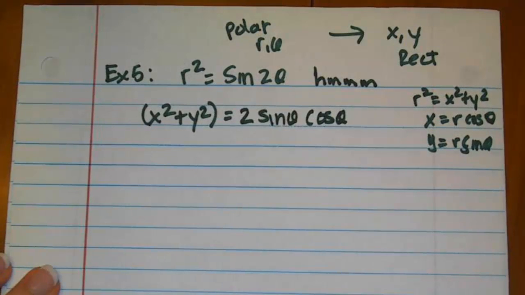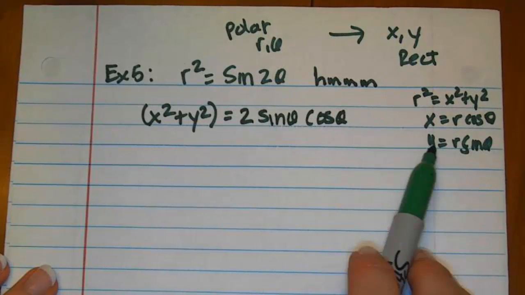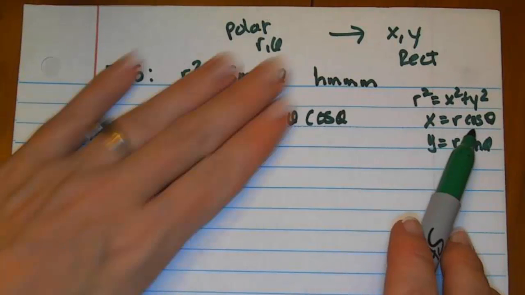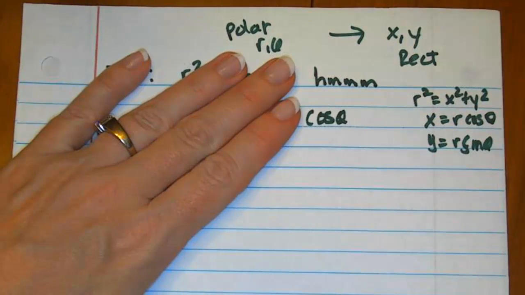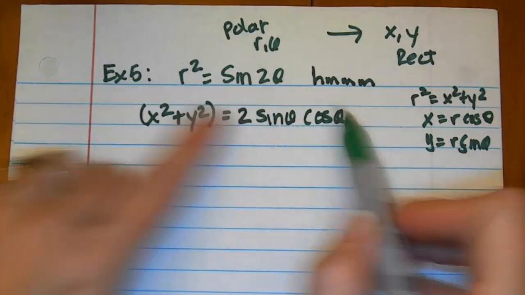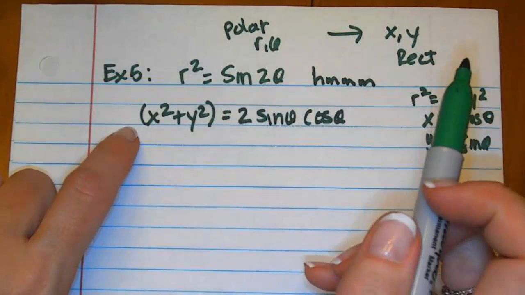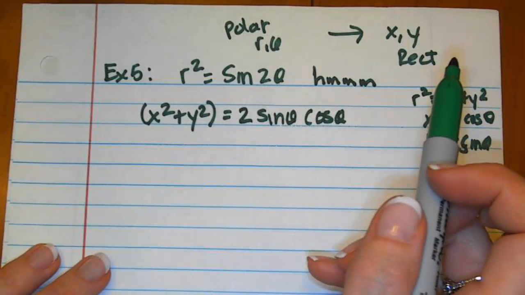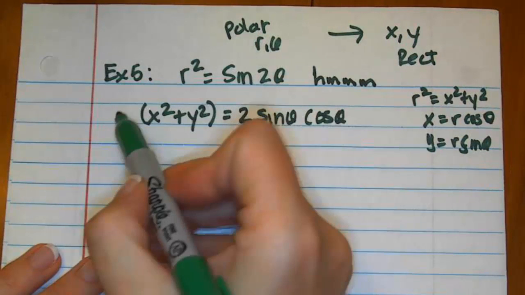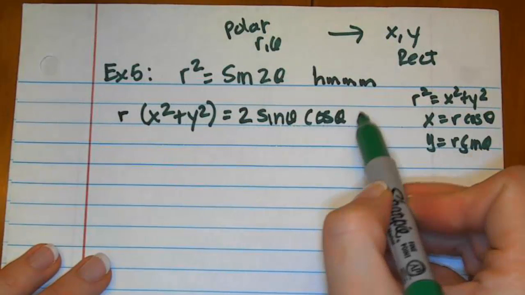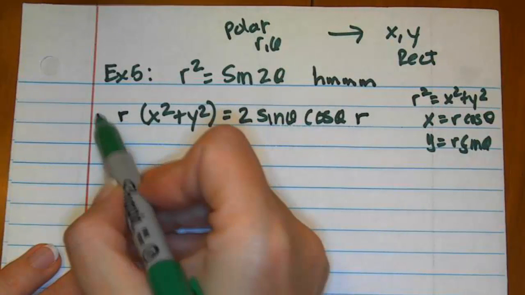So you're like, great. Nope. I know that I can substitute in x for r cosine theta, but I just have a cosine theta. I don't have an r there. If I would multiply both sides by an r, well, let's think about this for just a minute. I could multiply both sides by r and then multiply by r again.